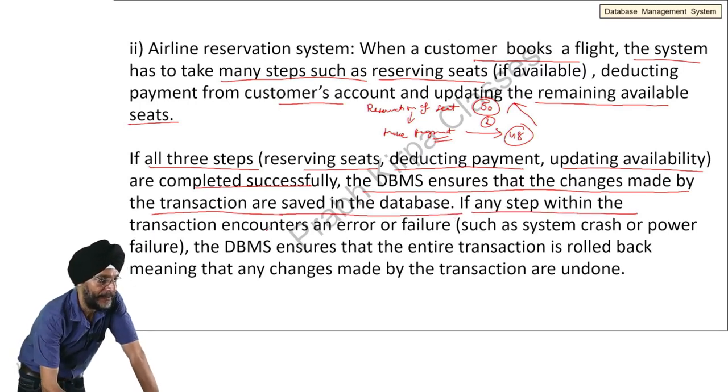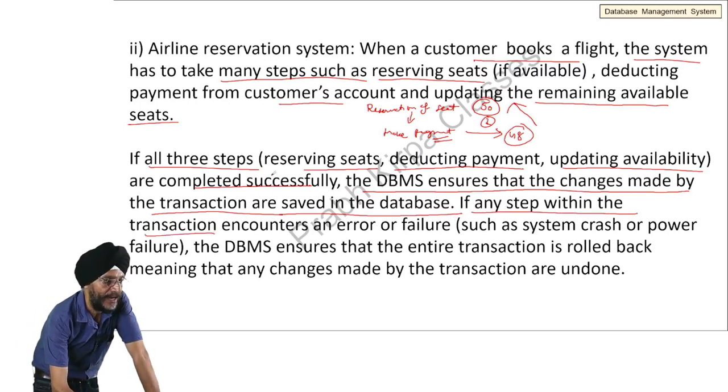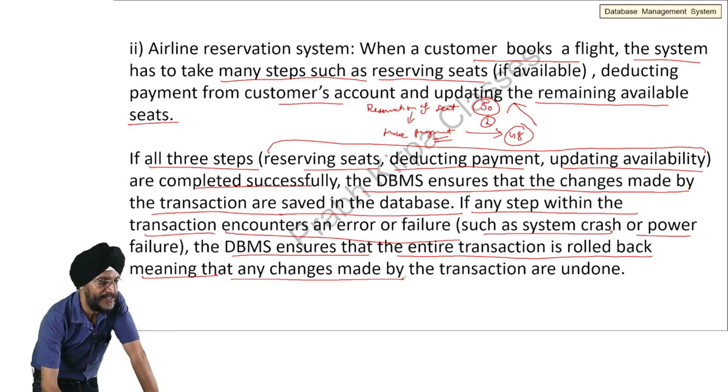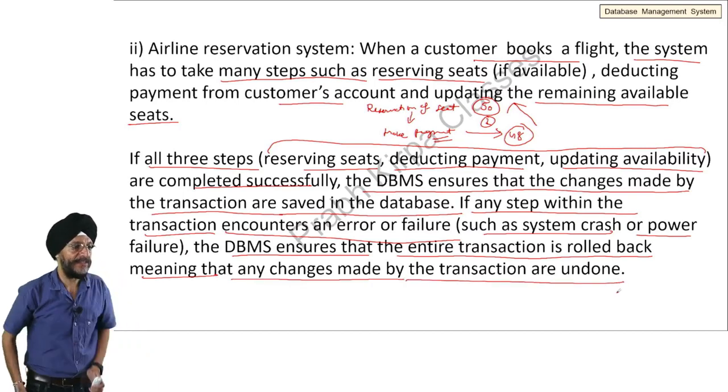All these steps represent a single transaction. If any step encounters a problem or an error, such as a system crash or power failure, the DBMS ensures that the entire transaction is rolled back, meaning that any changes made by the transaction are undone.